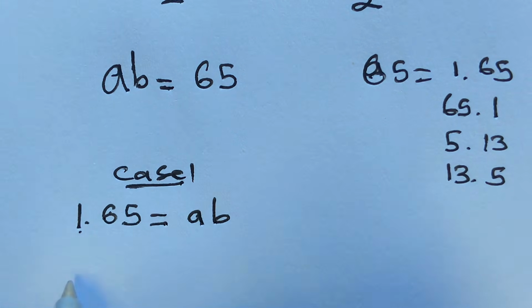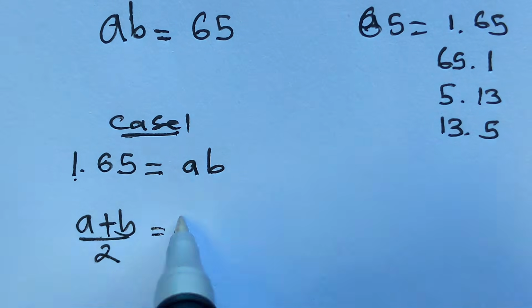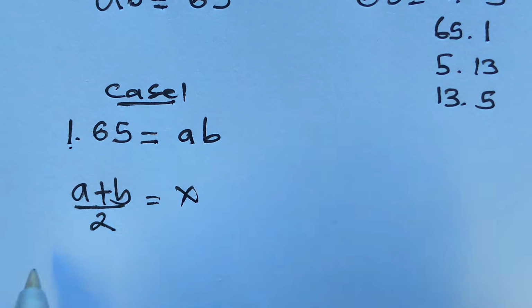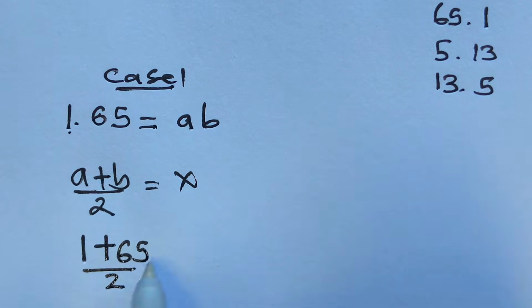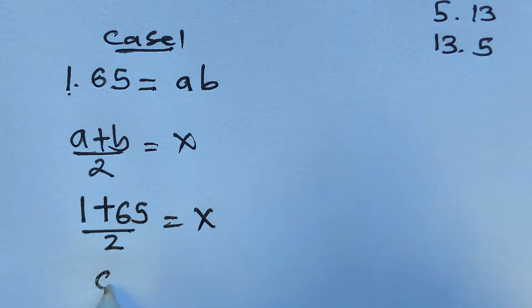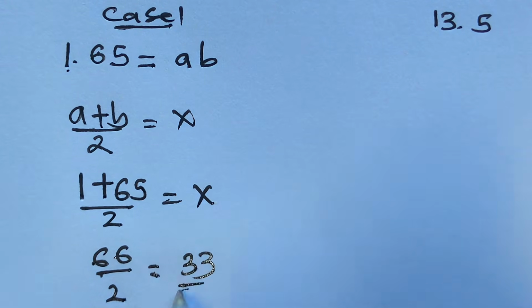Remember that (a plus b) over 2 equals x, so we have (1 plus 65) over 2 equals x. This is 66 over 2, which is equal to 33.